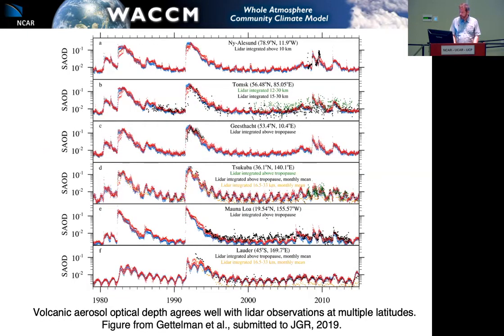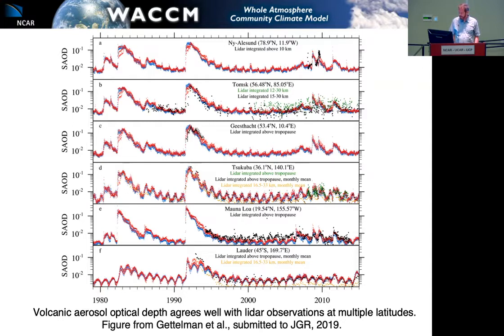Okay, so we've done a lot of comparison of the stratospheric aerosol optical depth compared to observations, LiDAR observations at different latitudes. So you can see here the effect of the eruptions in 1982 of El Chichon in Mexico, in 1991, Mount Pinatubo in the Philippines.